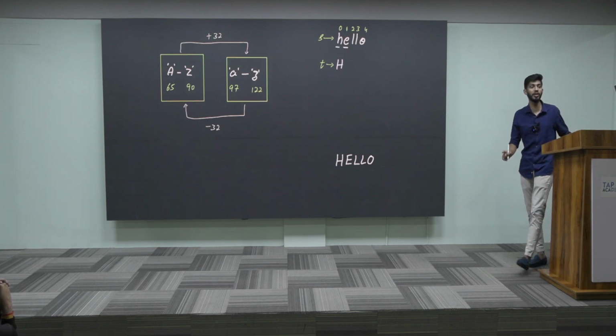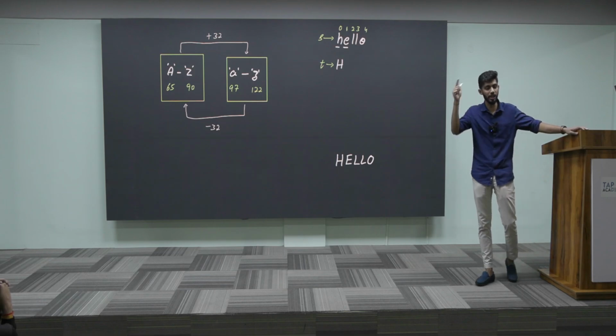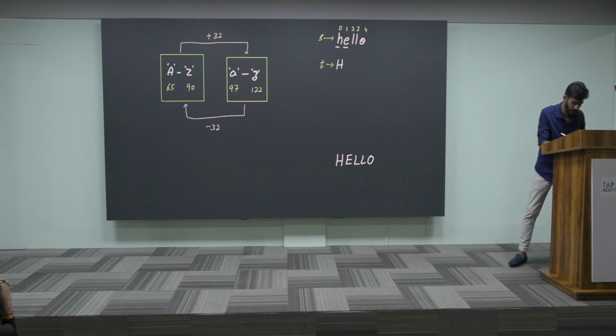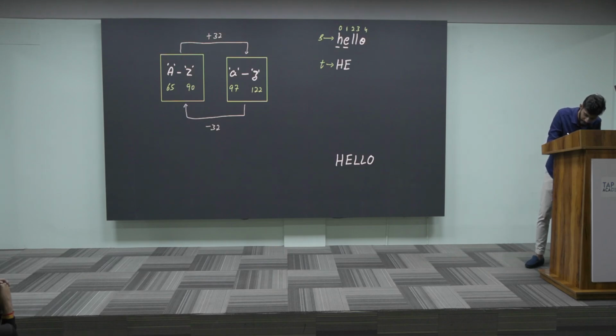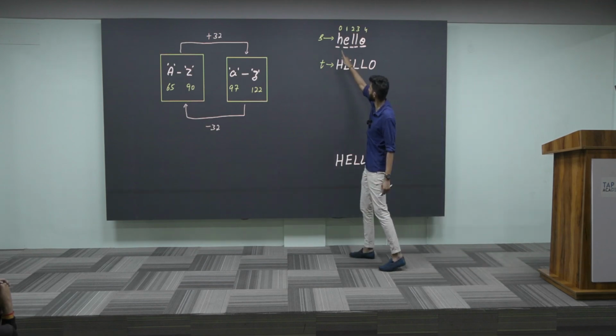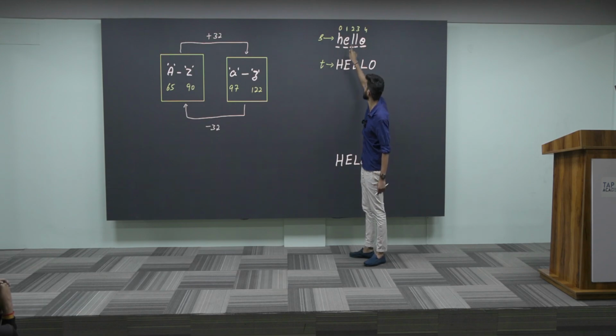Next character, whatever you have as e, you will do plus 32 or minus 32? Minus 32, it will become uppercase E, concatenate. Take this character, again minus 32, it will become uppercase L. Again minus 32, uppercase L. And again minus 32, it will become uppercase O. Is this logic clear to everyone? So if you observe this, are we traversing from this end to this end or not? Yes, we are traversing from this end to this end.